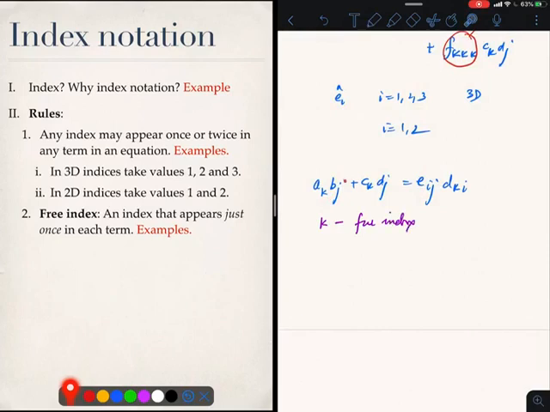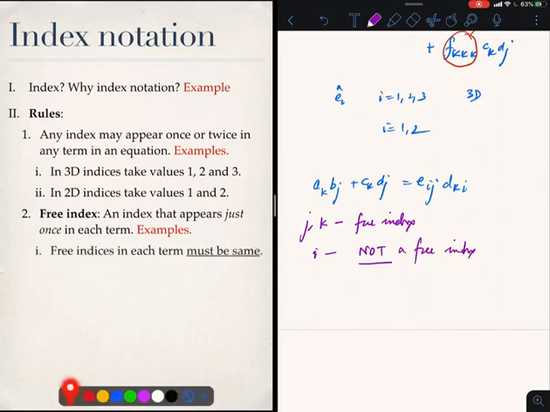What about j? j is once in this term, once in this term, and once in this term. So j is also a free index. What else is there? Well, on this side I have i, but that is appearing twice. So i is not a free index. All right, so we understand what a free index is.